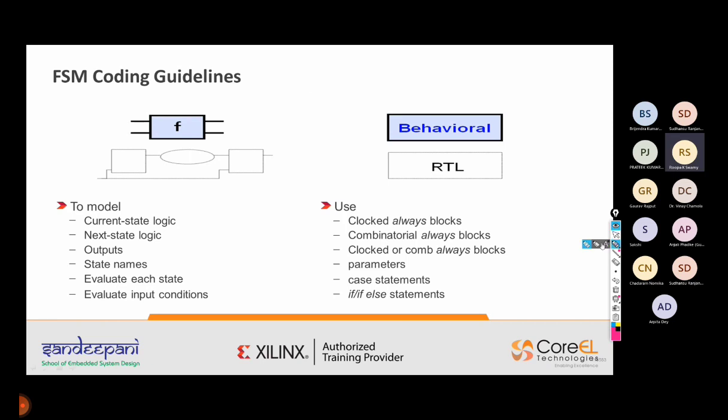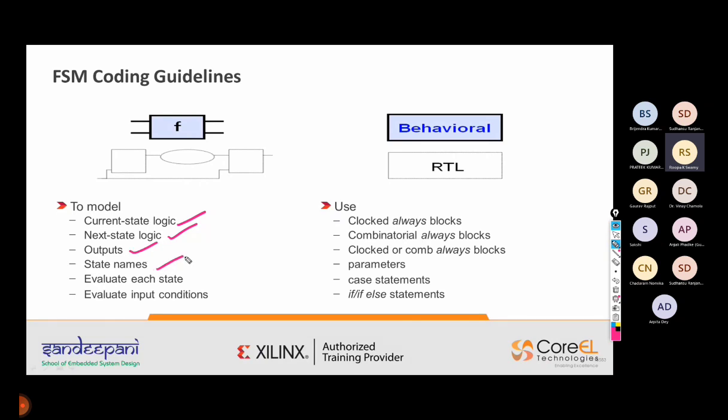If you observe, what do I have to code in an FSM? If I have to write code for an FSM, what do I have to model? I have to define the current state, then the logic for next state transition, then the logic for output.